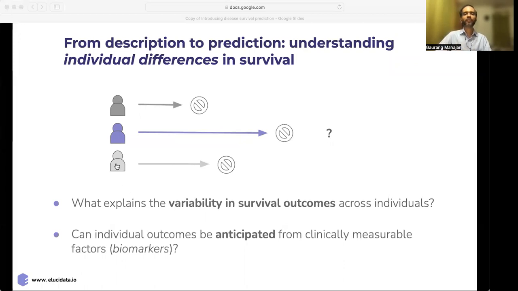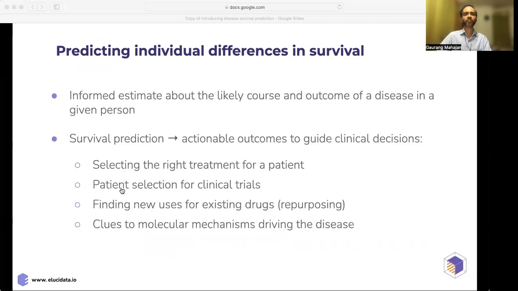Or why does a bunch of patients show adverse reaction to a new drug, but the majority of patients don't? So these finer differences are interesting, and even more so is whether these differences can be predicted from clinical measurements. So in a sense, this is what survival prediction in the context of disease is about.